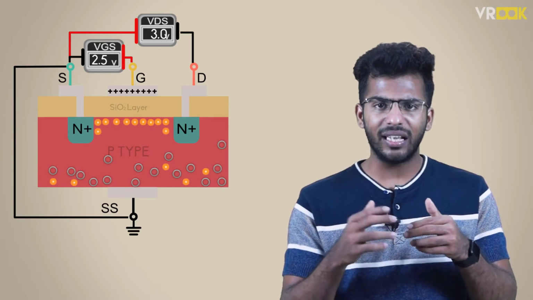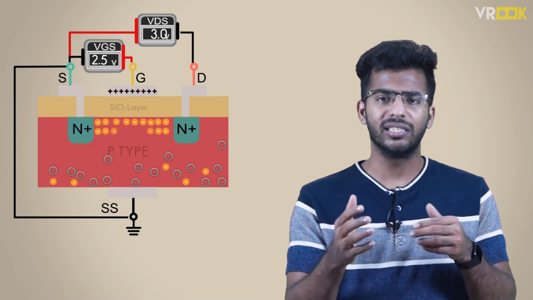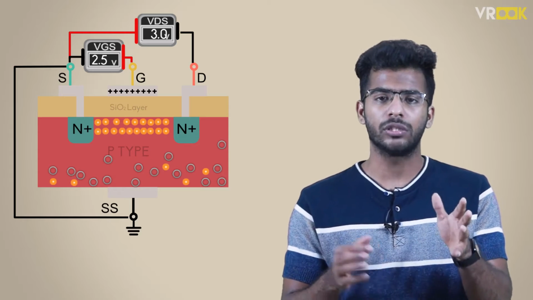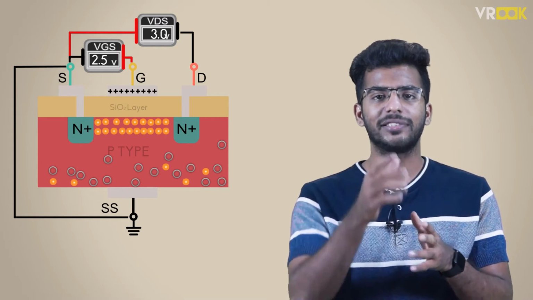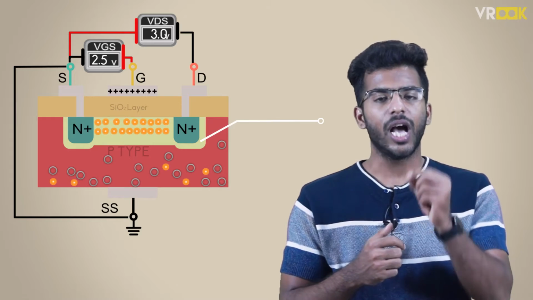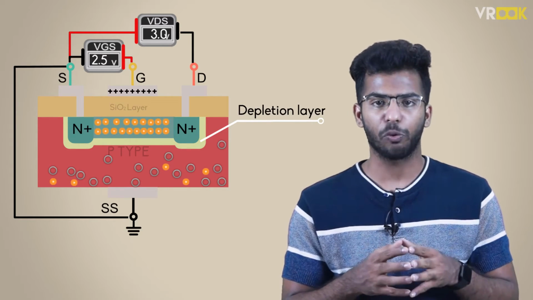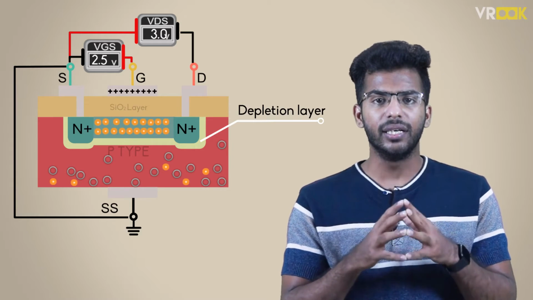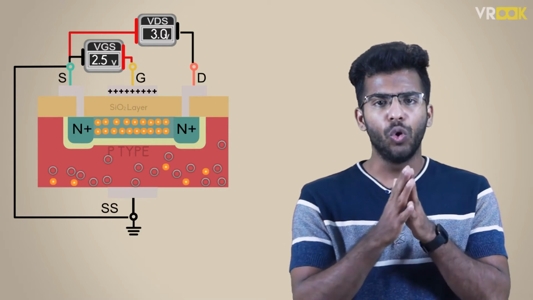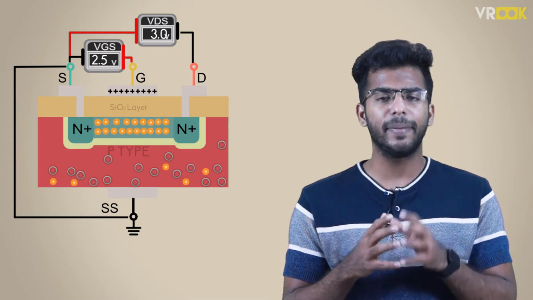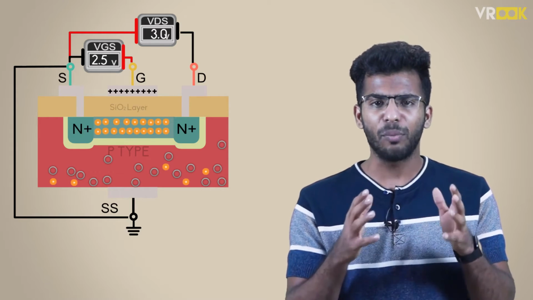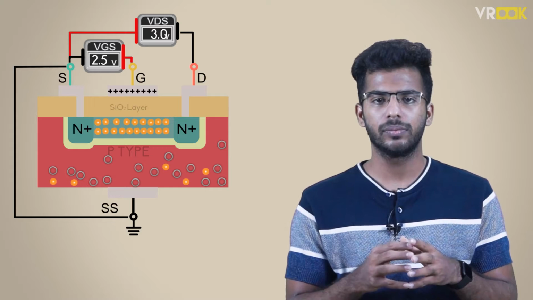On further increase in the level of voltage VGS, a sufficient number of electrons will accumulate near the SiO2 layer. Finally, a channel will be formed between the source and drain due to this accumulation. The substrate near the SiO2 layer no longer acts as a P-type material as there are more electrons than holes.